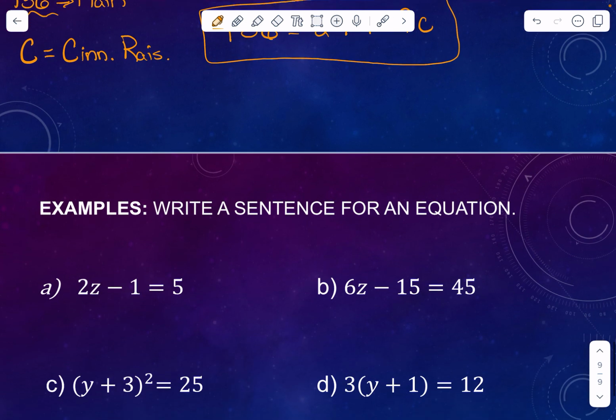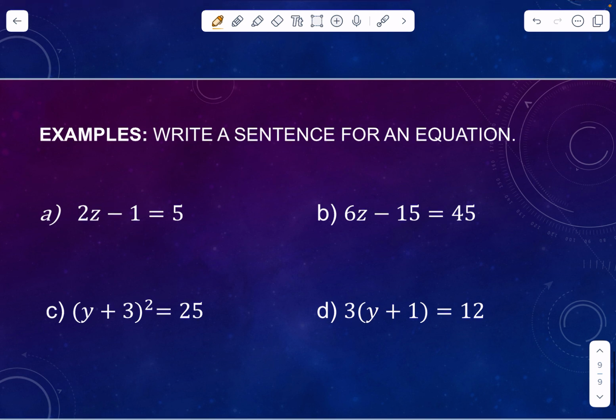Okay? Now, these are going to be very similar to what we did with expressions. Can you write a sentence for them? So here it would be something like 2 times Z minus 1 equals 5.